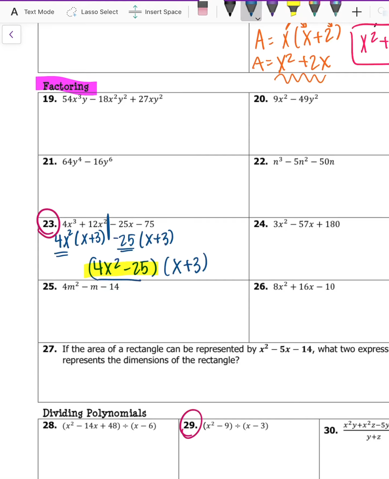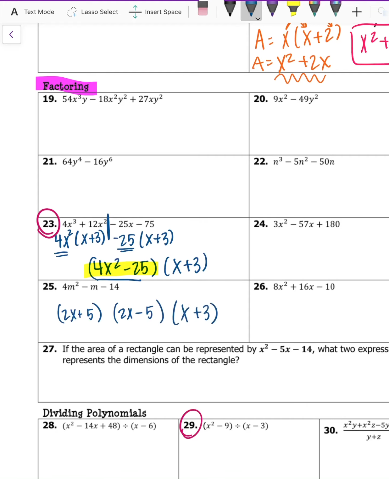So that means I'm going to take this and I'm going to make 2 new groups, and I'm going down in this next box, so just forgive me for that. The square root of 4 would give me 2, so I put that in both. The square root of x squared is just x, and the square root of that 25 would be 5. A plus, a minus, you're done.